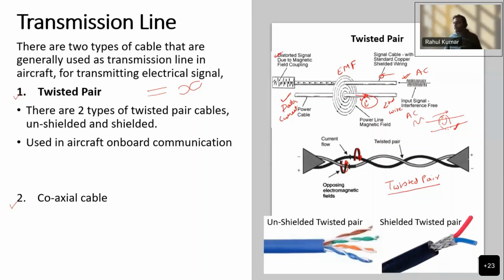Now we have two types of twisted pair cables. One is your unshielded twisted pair, and the other is your shielded twisted pair. Unshielded twisted pair is similar to your LAN cables, which you use for connecting internet to your computer.